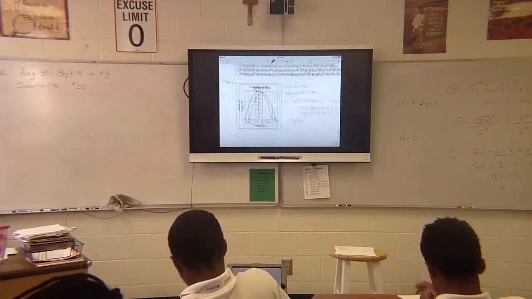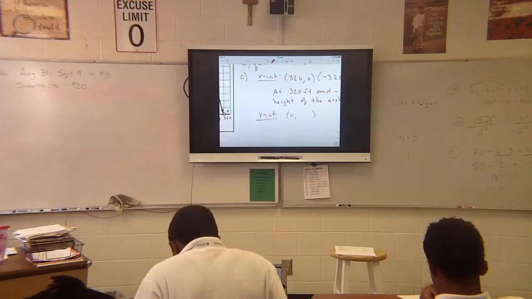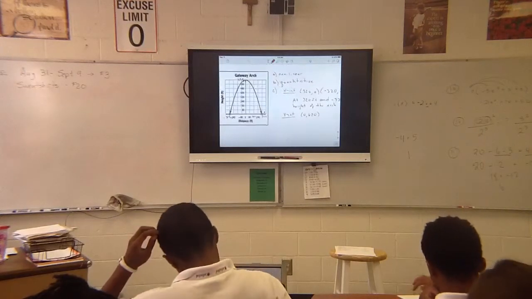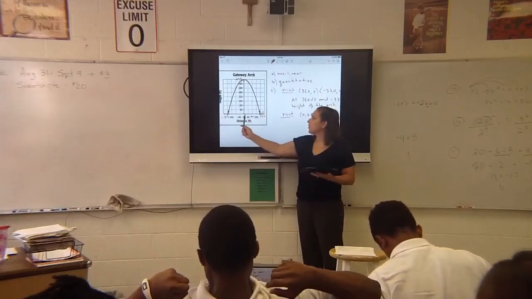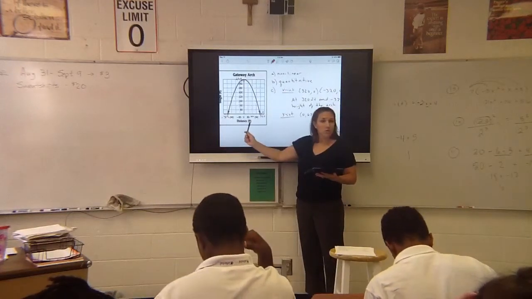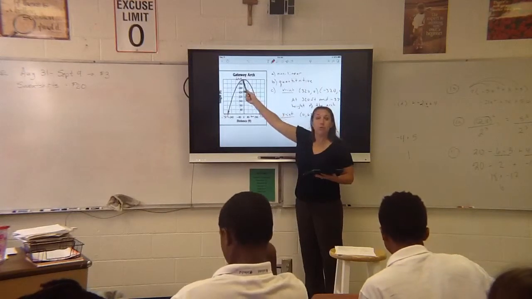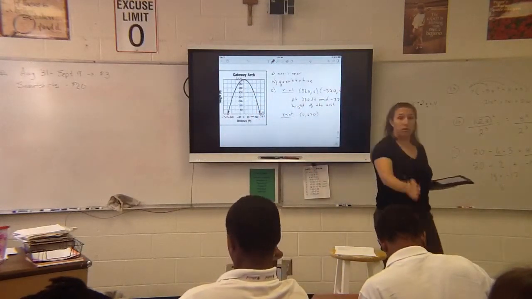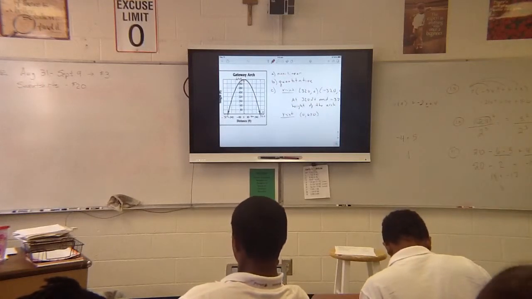So what would my coordinate point here be? 0, 620. Now what does 0, 620 mean? At 0 feet, we are what? 620 feet. At 0 feet, in the middle of the arch, when I go up, I'm at 620 feet high in the middle of that arch.